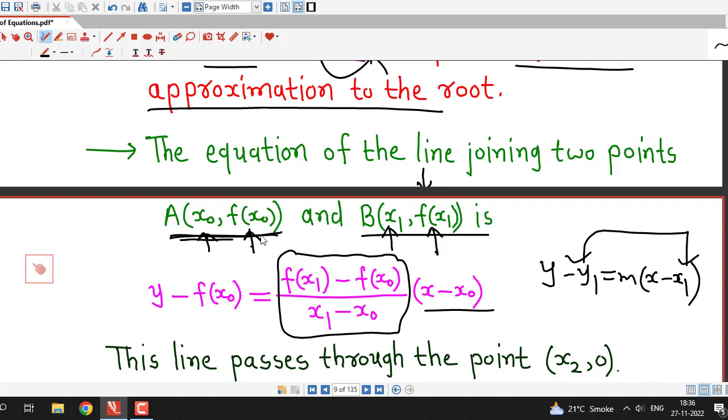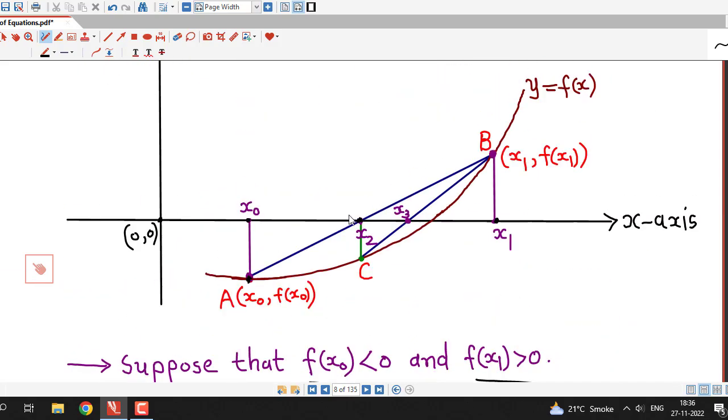So for this derivation I have taken my point in this equation as (x0, f(x0)), because this point is on the straight line, and this is the slope of the line joining these 2 points, that is, the difference of y components divided by the difference of x components. Now this line is passing through the point (x2, 0). We are considering this point because it is on the x-axis, so its y component is 0.